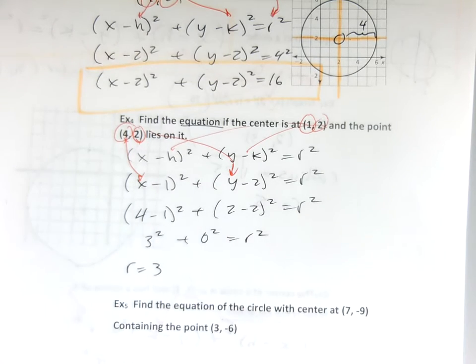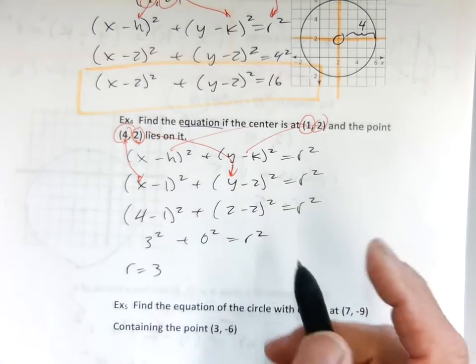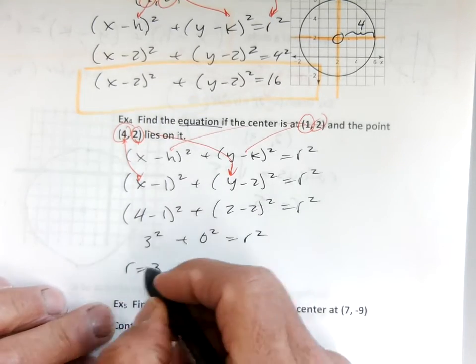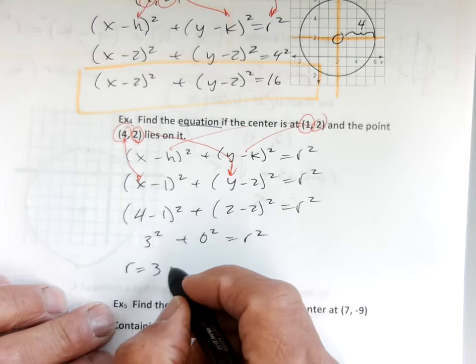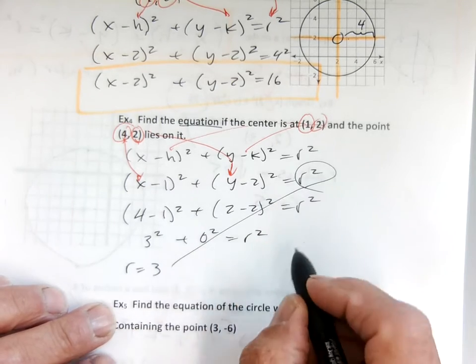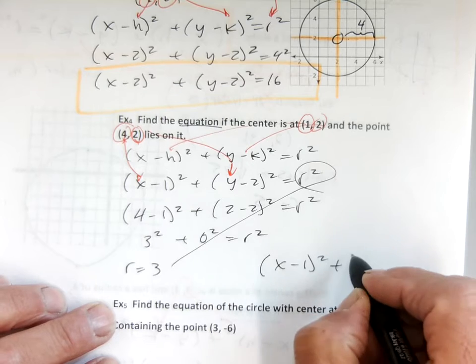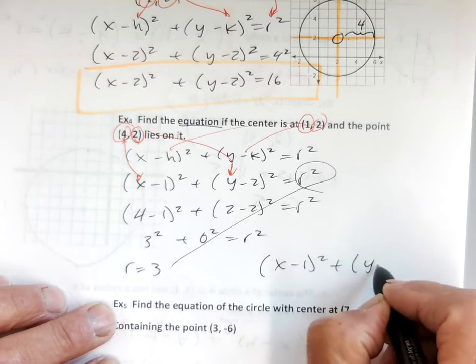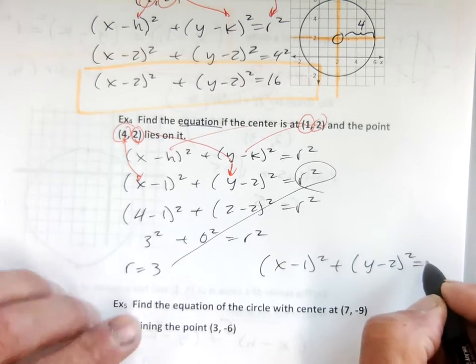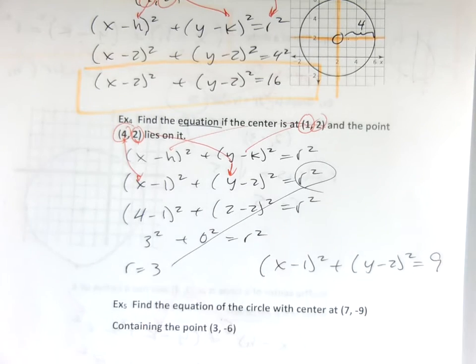Thank you, Abby. You guys agree with that? R is 3. So then I know my equation, right? So let's just go ahead and put this 3 back up into here, and I'm going to rewrite this equation as x minus 1 squared plus y minus 2 squared equals 3 squared, or 9.